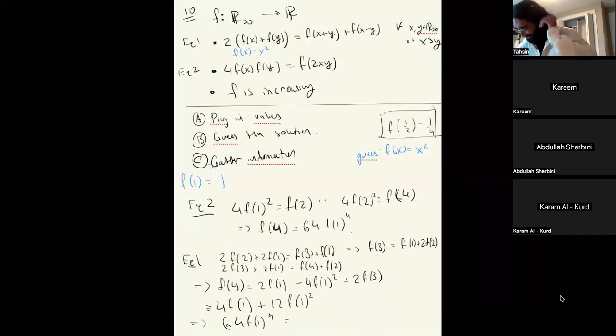Did I make a mistake? So are you guys following the idea here? Do you guys understand the idea? There should be a strategy for calculating f of 1. Yes, but somehow I think I'm making a mistake somewhere.